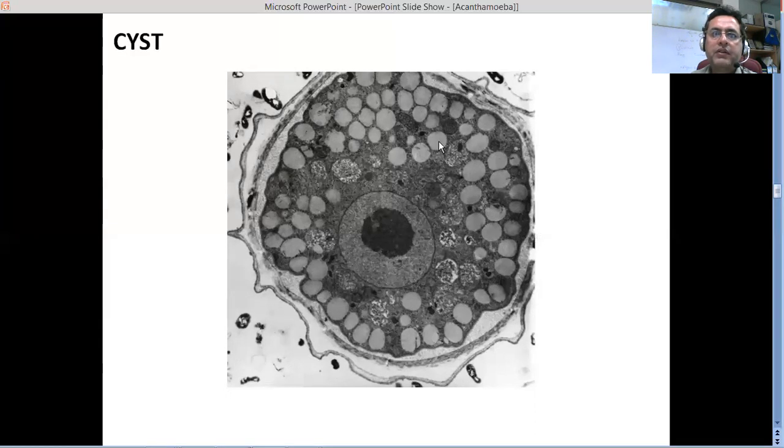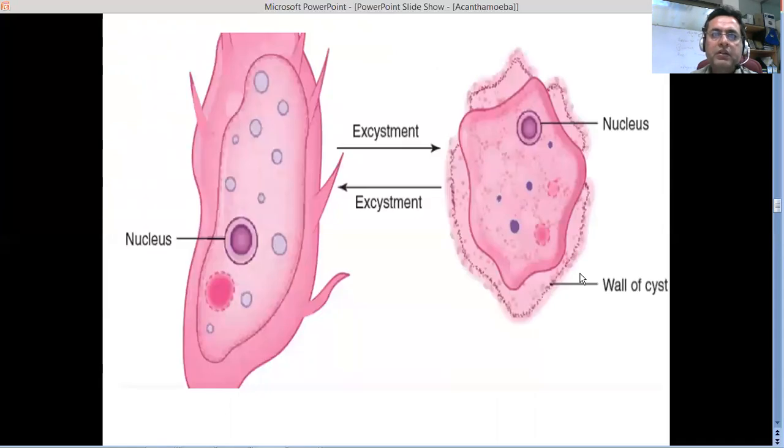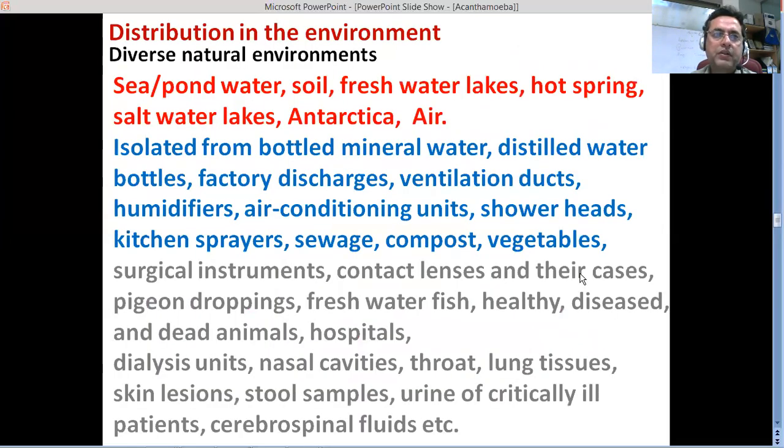This is the nucleus and other granules inside, vacuoles and granules inside the cyst that you can see. So these are interchangeable forms, the cyst and the trophozoites, based on conditions.